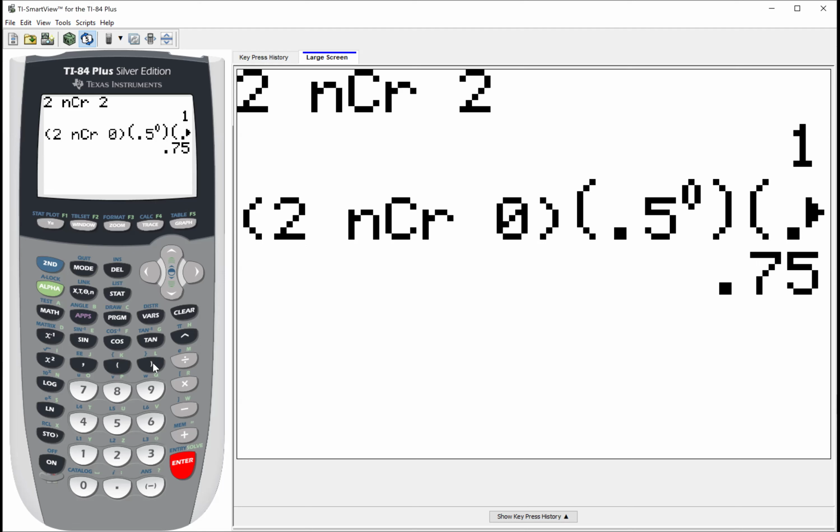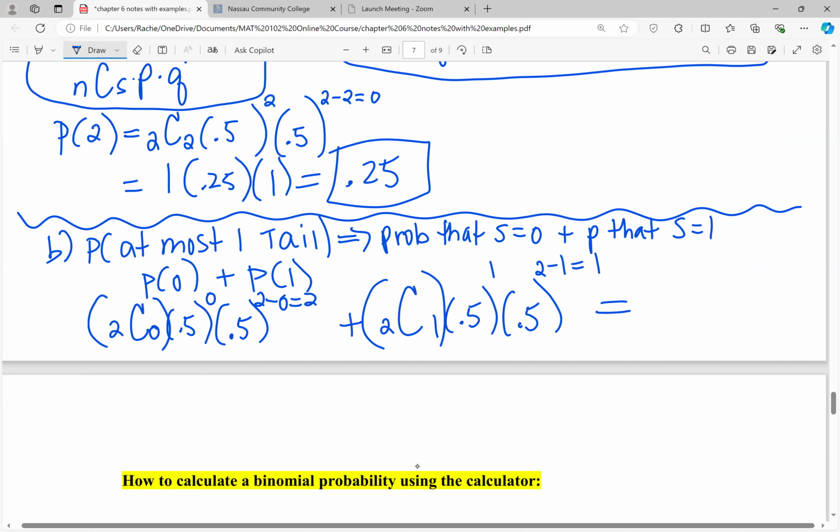And this is how you use the formula by hand. And in the next lesson, I'm going to show you how to use the formula that's already programmed into the calculator. We do have a function in the calculator to calculate binomial probabilities. So we'll do that next. So let's just write down this answer, 0.75. And in the next lesson, I'm going to show you how to use the calculator to pull up a binomial function.